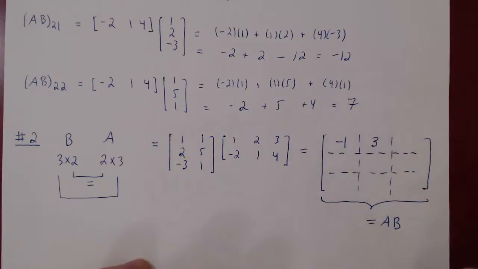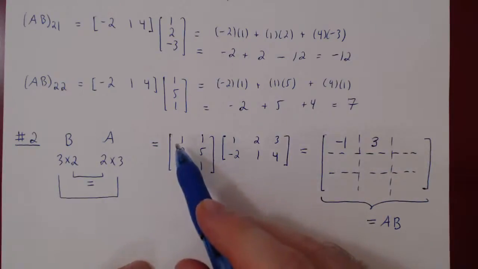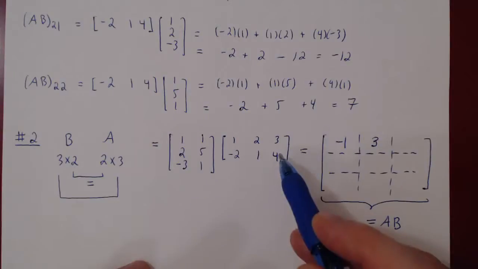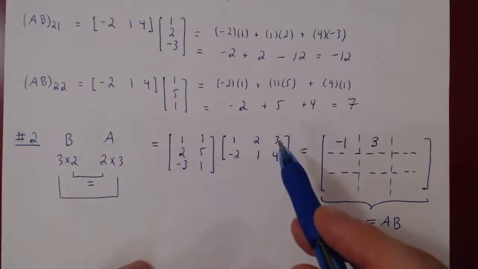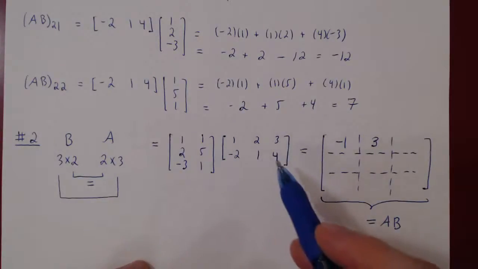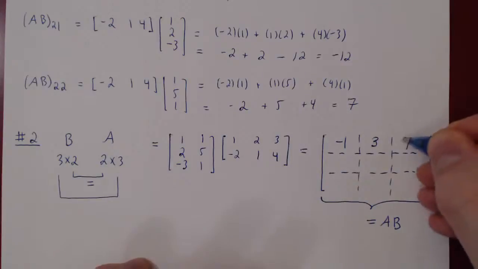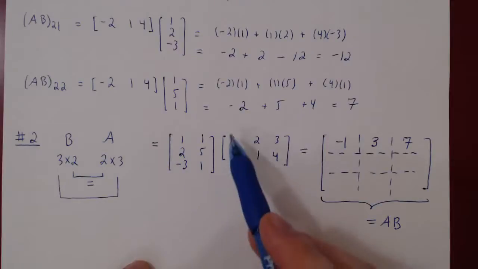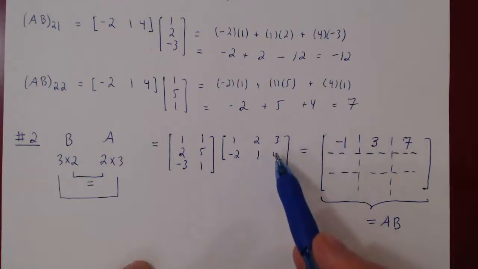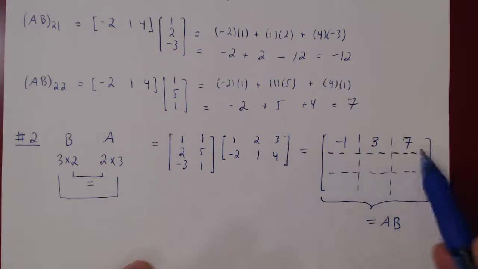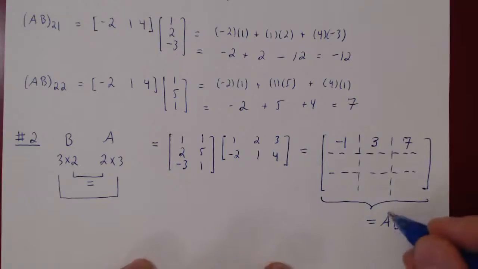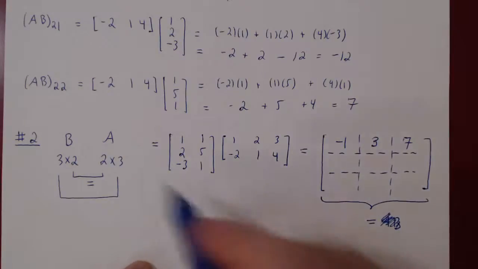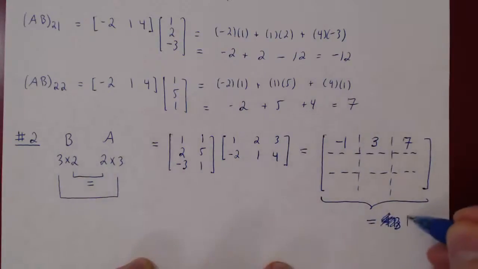Second entry of our first row. And finally, times the third column. So 1 times 3, 3, plus 1 times 4, 4. 3 plus 4 is 7. And so you see very easily, by fixing the first row of B and going through each column of A, we now have the first row of matrix B times A.